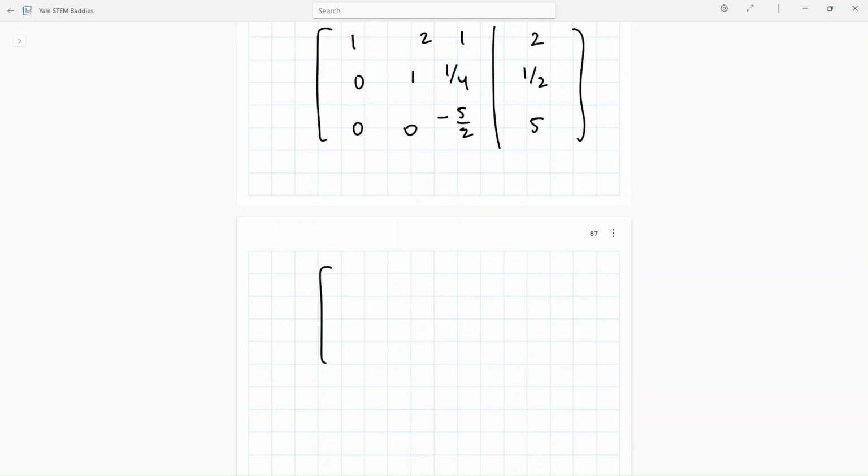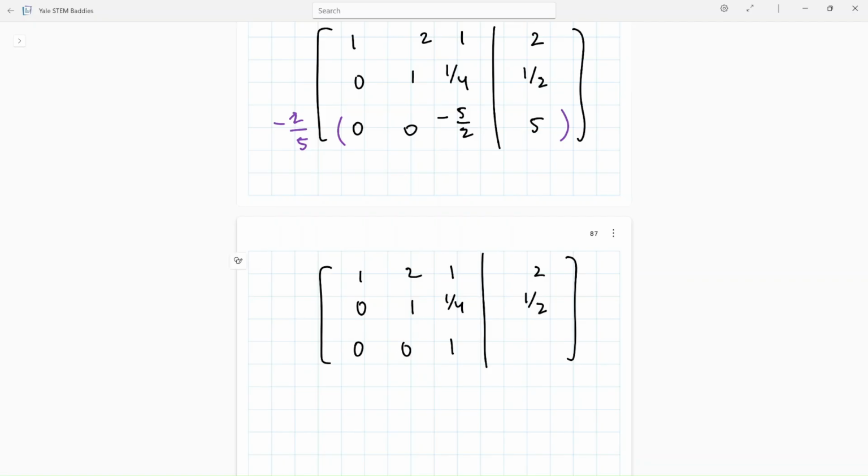So let's go ahead and scale that bottom row by -2/5. So that's going to leave us with these rows untouched here. And then this bottom row is 0, 0, 1. And then what is -2/5 times 5? Oh, well, that's just going to be, very conveniently, -2.